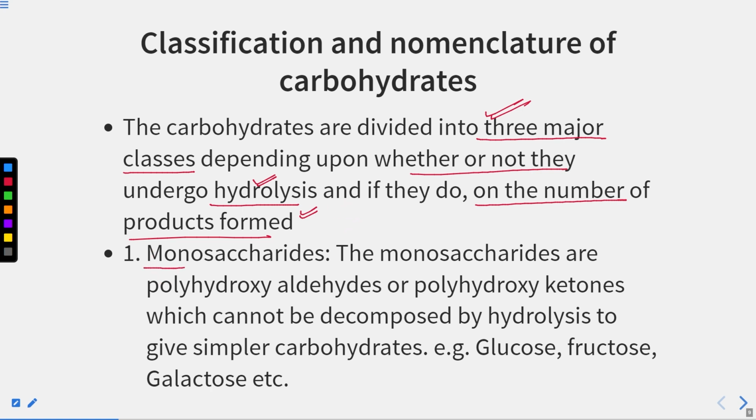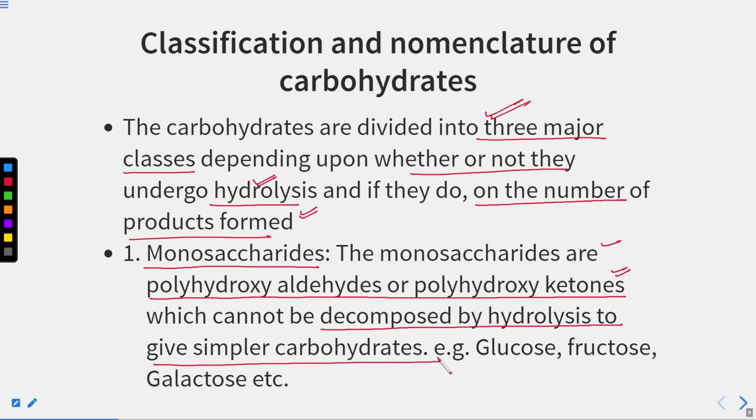Number one is the monosaccharides. Monosaccharides are polyhydroxyaldehydes or polyhydroxyketones, which cannot be decomposed by hydrolysis to give simpler carbohydrates.